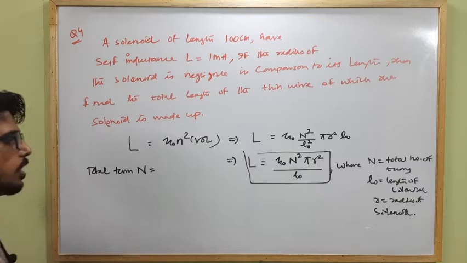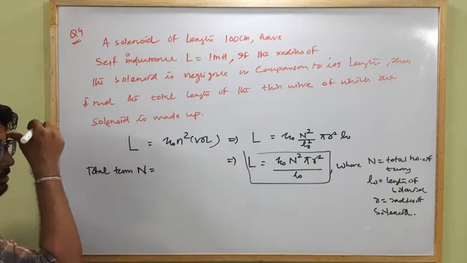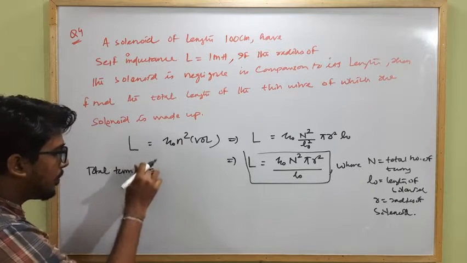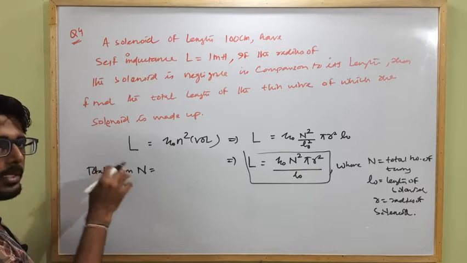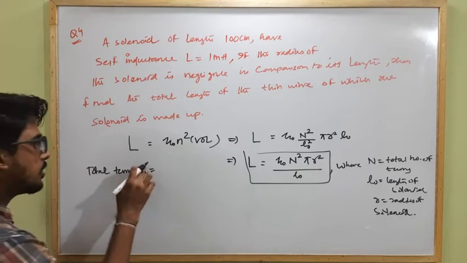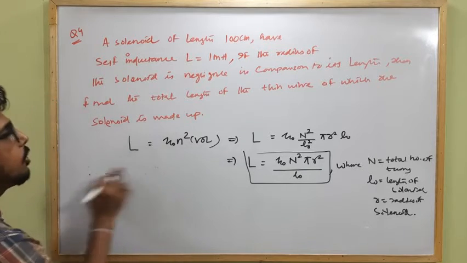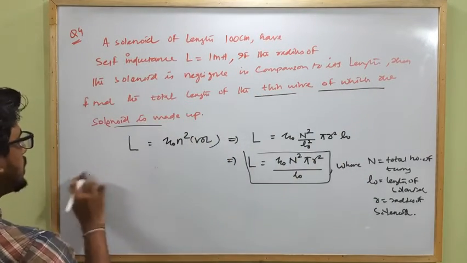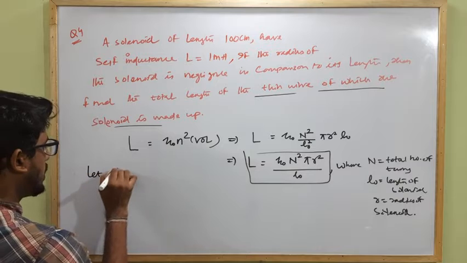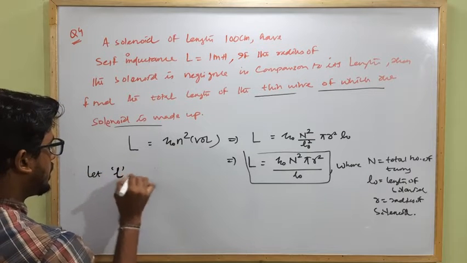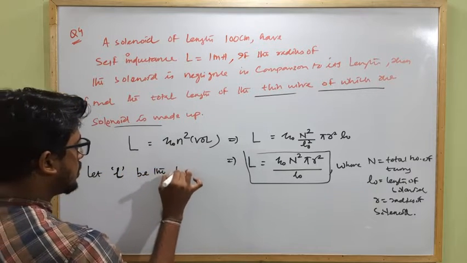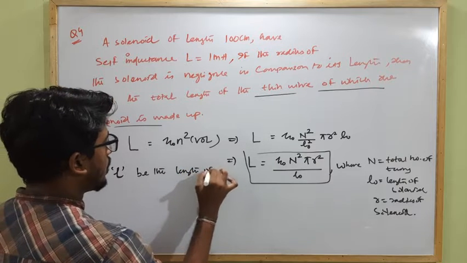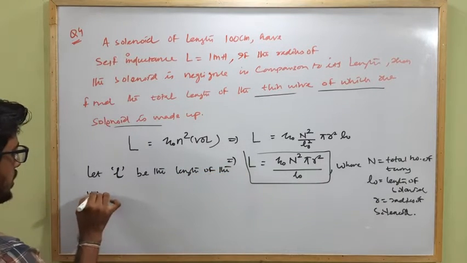So from this we will get the total turns, capital N, will be equal to how much? The total number of turns of the solenoid, capital N, and the total length of the thin wire which made the solenoid. Let small l be the length of the wire.